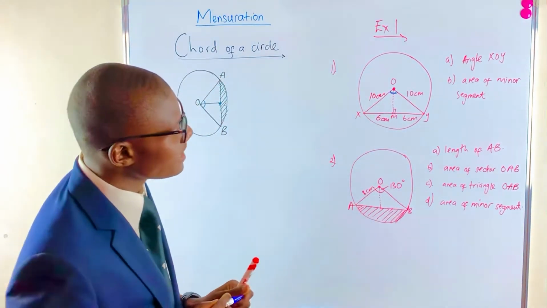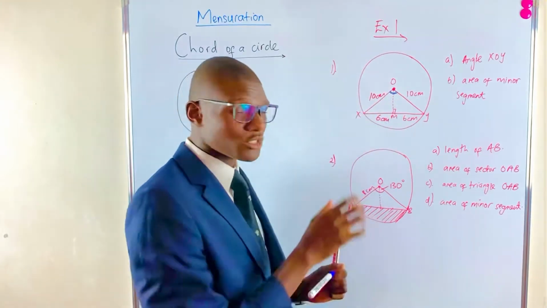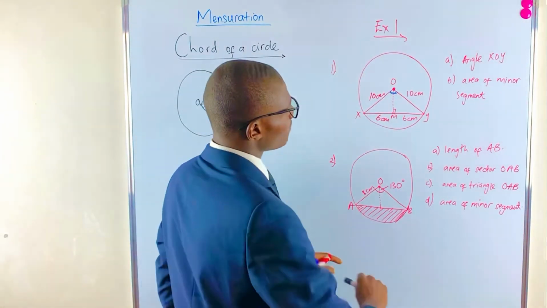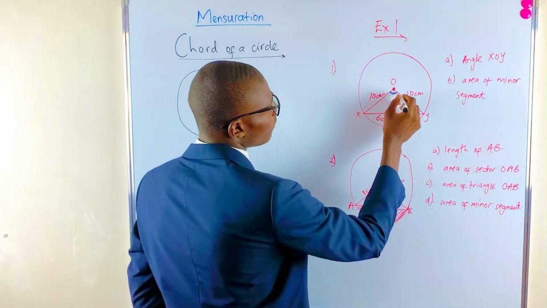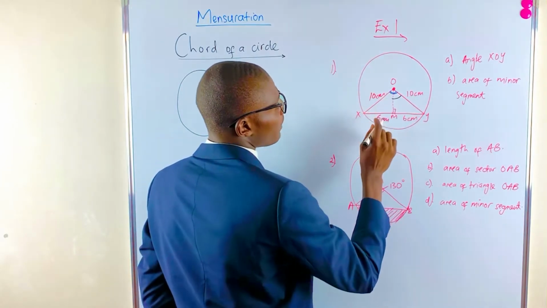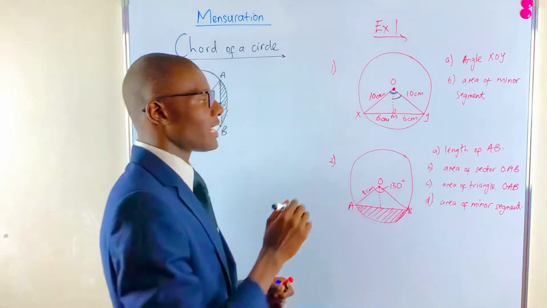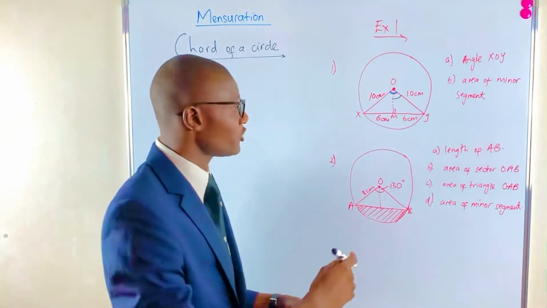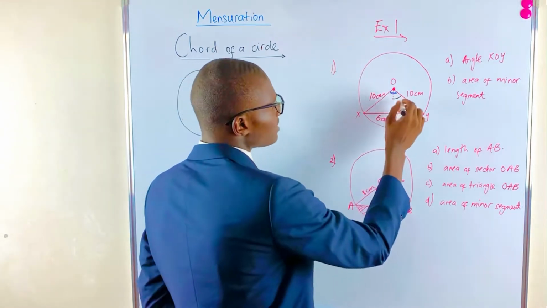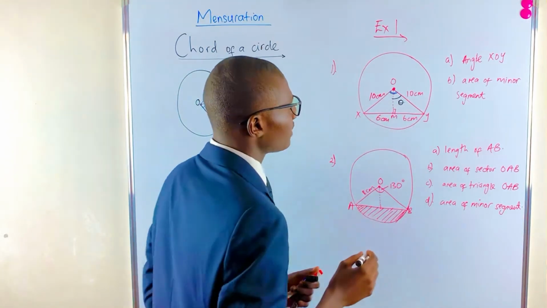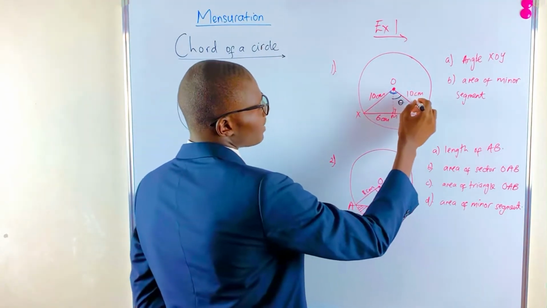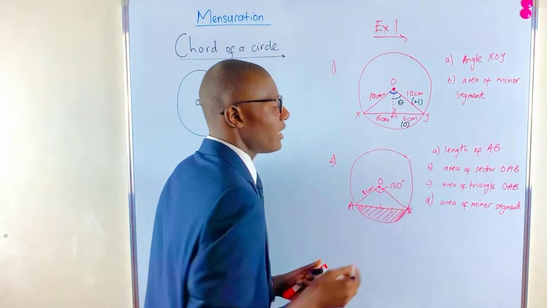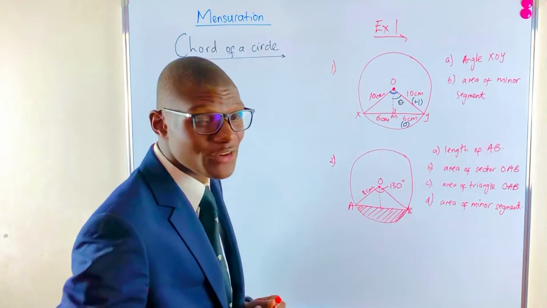But as we can see, we've got two right angled triangles. So from the first one, we can calculate this angle. Of course, this angle is the same as that angle, so you can just multiply this angle by 2. If we call this angle theta, this being the hypotenuse side and this being the opposite side, it means we can use the sine ratio.